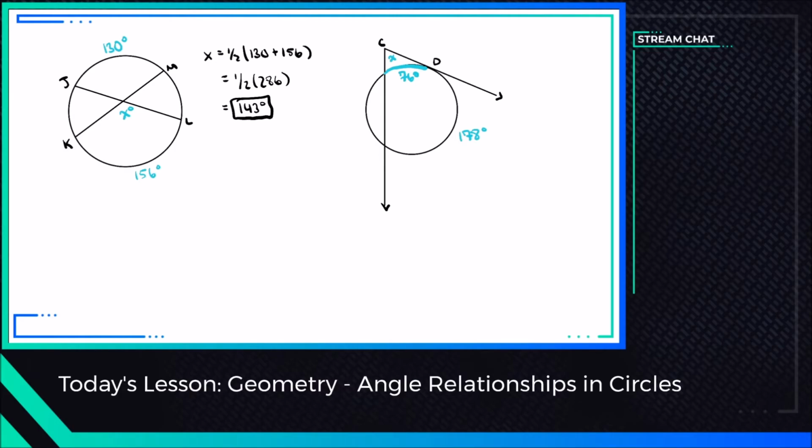And if we have an angle outside of our two circles, we know X is going to equal 1/2 the difference of the two. So we're going to take 178 minus 76. So that's going to be 1/2 of 102, which means X is equal to 51 degrees.